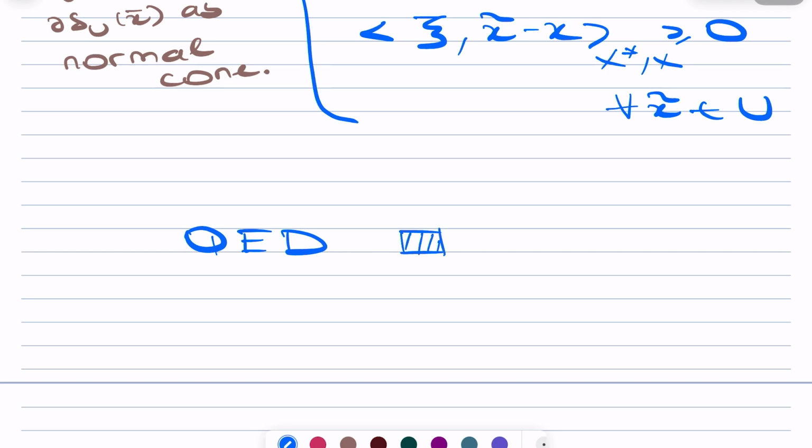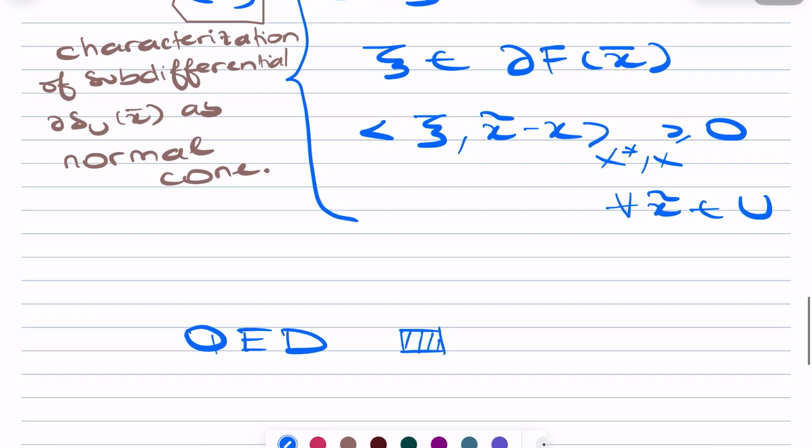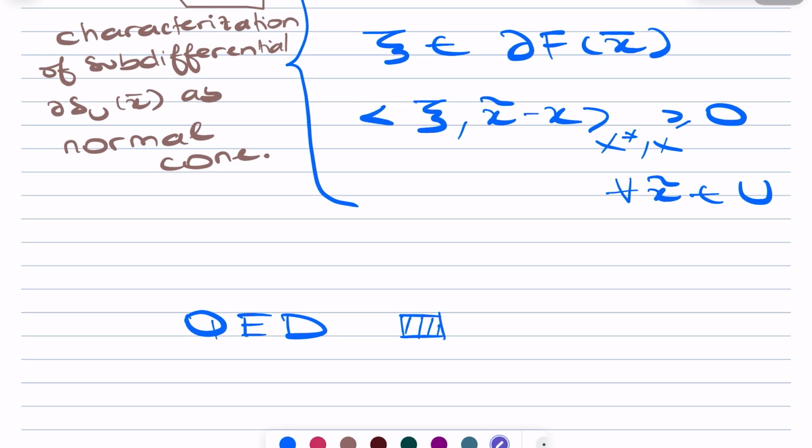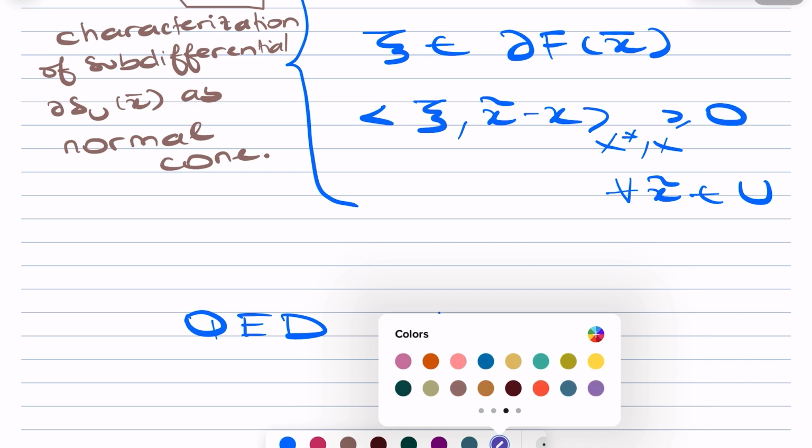Of course, this is the end of the proof, but let me draw your attention to something for those who are familiar with nonlinear optimization.